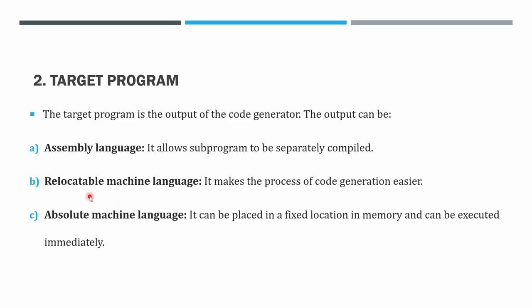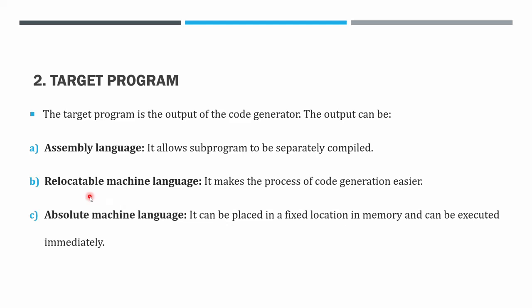Whereas with relocatable machine code, we can take Java bytecode as an example. Here we compile the program, and the entire source code is converted to a bytecode, which is machine independent.